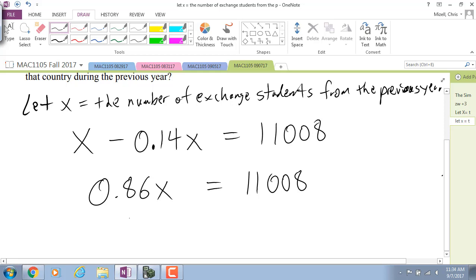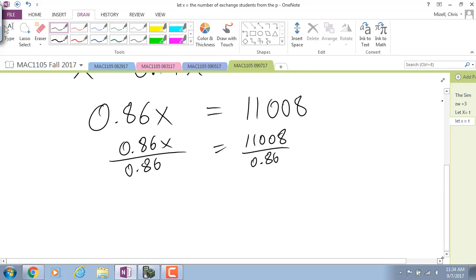So 0.86x, divide that by 0.86, divide 11,008 by 0.86. And I suppose if we don't come up with a whole number of exchange students here, the error will not be that it's a fractional number of exchange students, but simply that 14% was a rounded value.